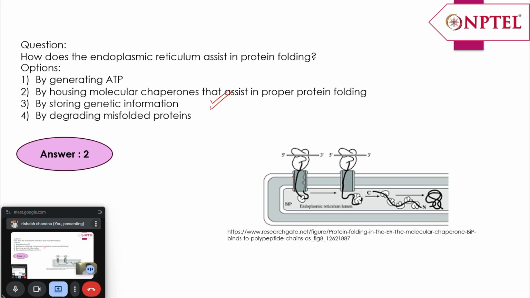For example, this is the mRNA, and these are the ribosomes. When the ribosome is translating on the mRNA, the proteins are moving into the endoplasmic reticulum, and there are some chaperone proteins that are present in the lumen of the endoplasmic reticulum.